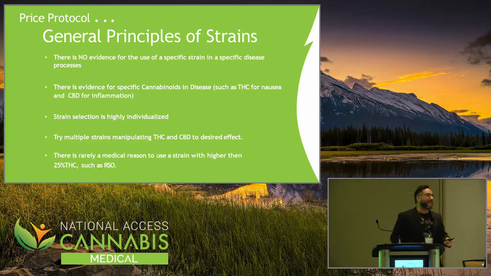No, so you're thinking of Epidiolex, or you're thinking of Charlotte's Web in the U.S. that they use for seizure disorder. So Charlotte's Web, which actually comes from industrial hemp, is a pure CBD strain that's been tested or is being tested currently for Dravet syndrome.